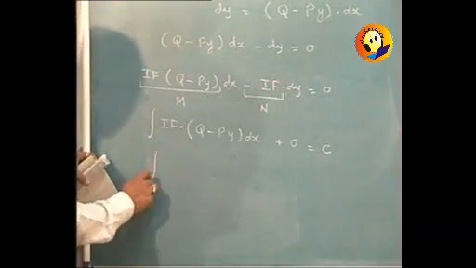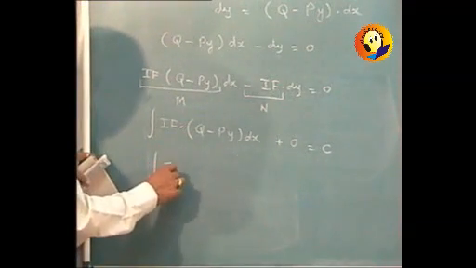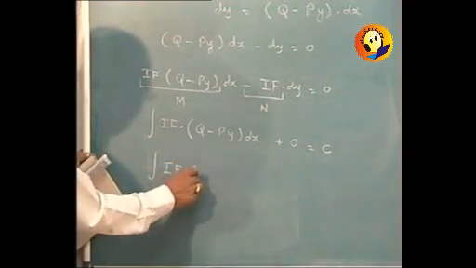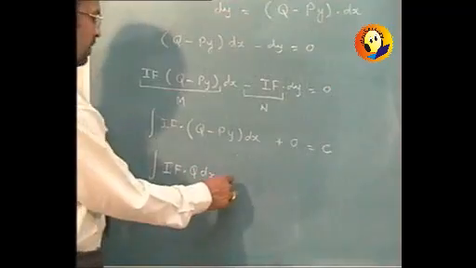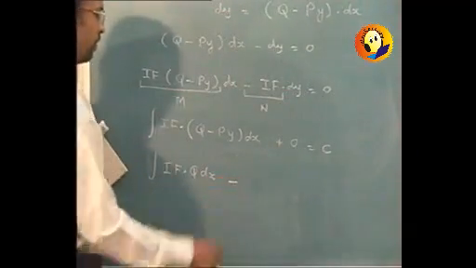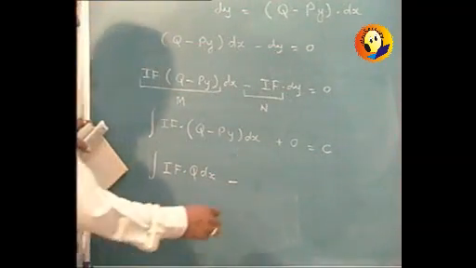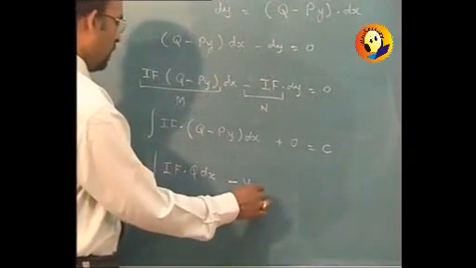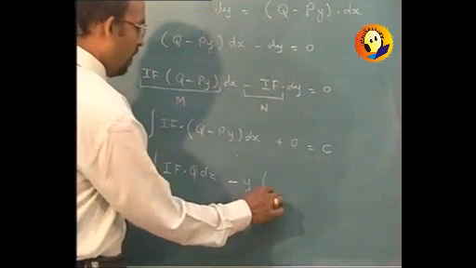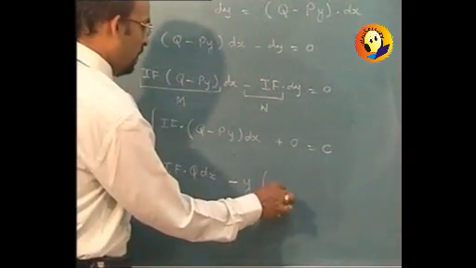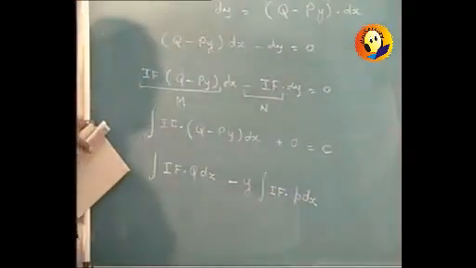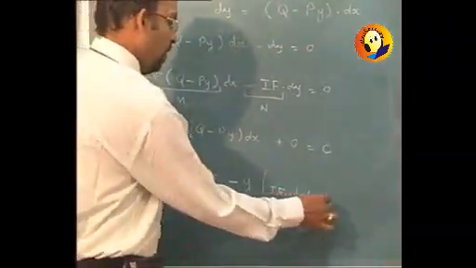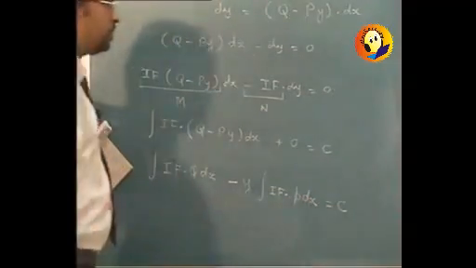So if we separate out, we will get integral of IF into Q dx, and then it will be minus y, since y is constant, integral of IF into P dx equal to constant.